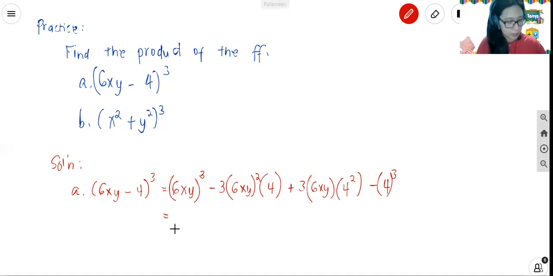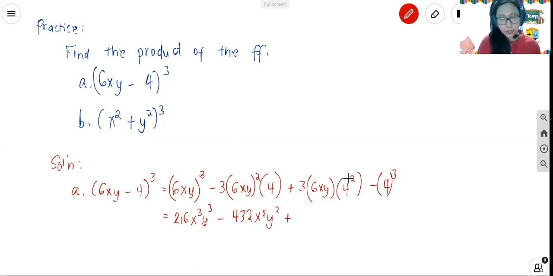That is 216, let me just check to make sure. So 216 x cubed y cubed minus, we have here (6xy) squared. So we still have 6 squared here. So 36 times 12, and that would give us negative 432 x squared y squared.